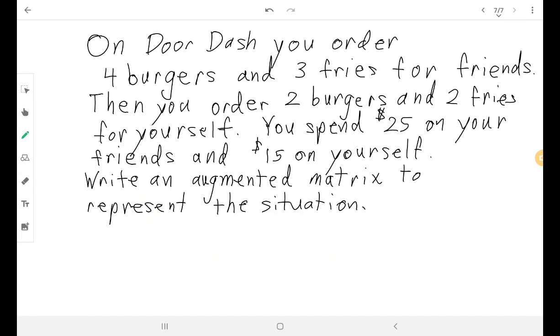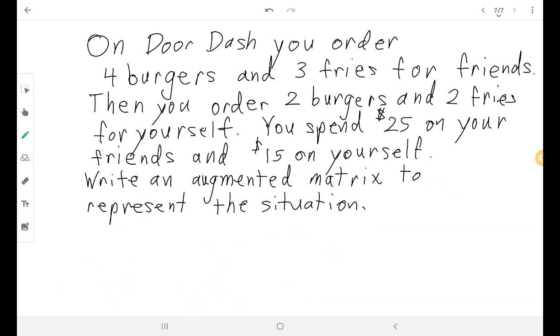One last problem, which is a tiny bit different than the other ones, and I noticed problems like it on the quiz sections, so I thought this would be good to go over. Let us suppose that you order DoorDash. You're going to order 4 burgers and 3 fries for some friends.